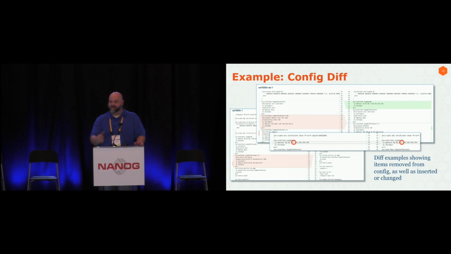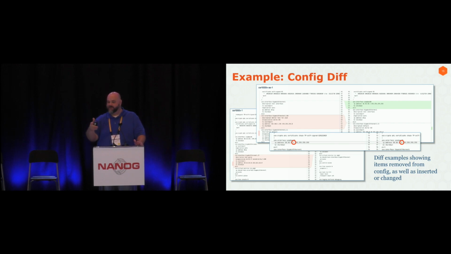The diff, this is pretty important in my opinion, especially when you're doing some pre-checks and post-checks as you're going through maintenance activities, to make it really easy to see what changed. Some of the examples I have here, the two that have the red circles, that's just an IP address changed from between an activity and another.